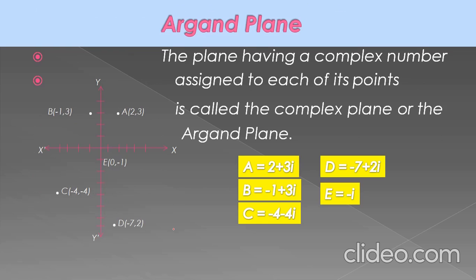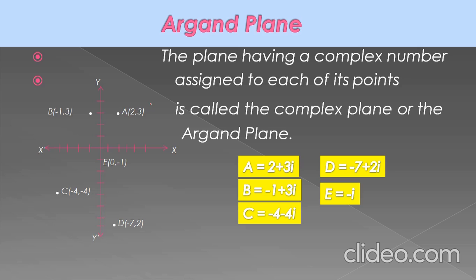Now next topic is the Argand plane. So what is an Argand plane? The plane having a complex number assigned to each of its points is called the complex plane or the Argand plane. We have studied about the real plane, that is the x and y axis, and the points we can plot in the xy axis.